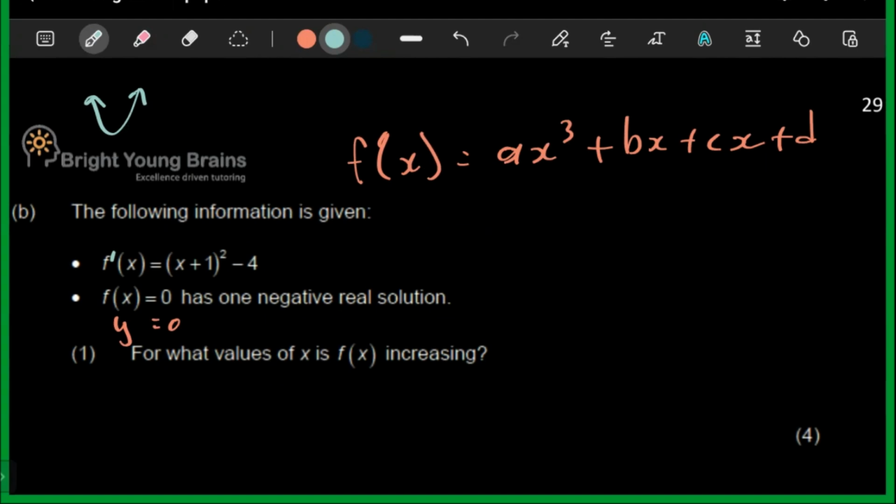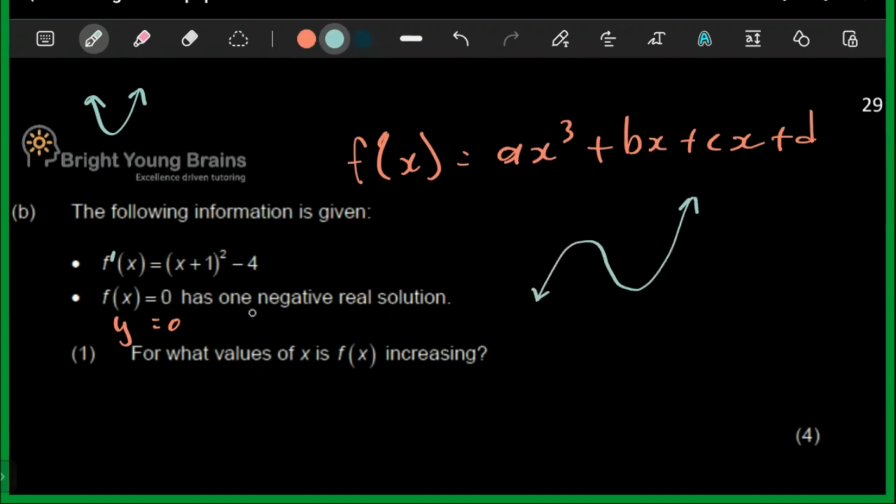Now they told us that this cubic function, whatever it is, is a positive cubic function. It has one negative real solution. So if your first derivative is smiling, it means that your original graph goes up, down, and then up again.